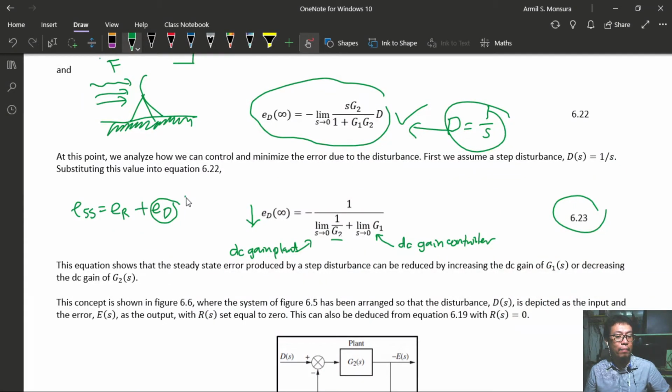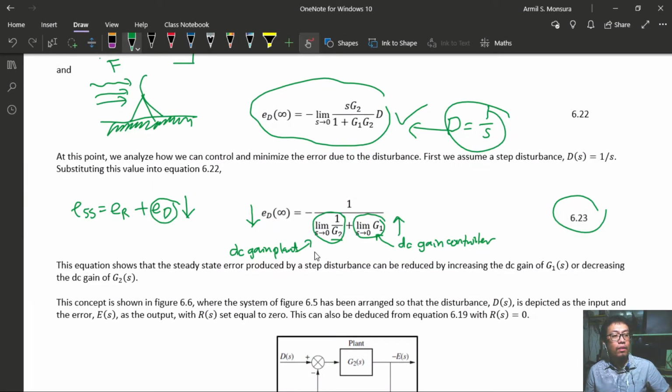Okay, so gusto natin mababa ito. Now, kung mababa ito, what we would want is that this denominator to be high. Kailangan mataas tong denominator ninyo. Okay? At para mapataas yung denominator ninyo, obviously, dapat itong value nito is mataas. O kaya, yung value na to is mababa.